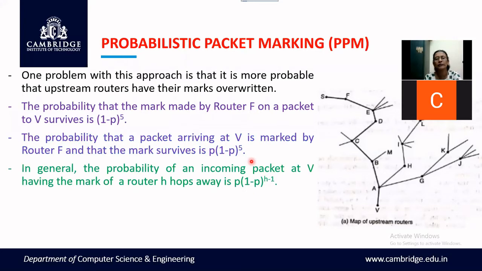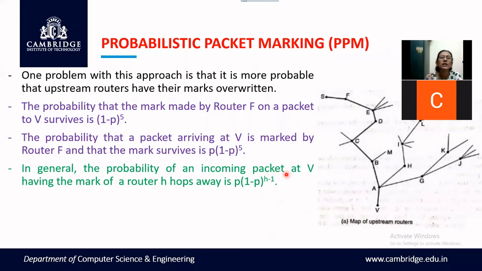In general, the probability of an incoming packet at V having the mark of a router H hops away is P into (1 minus P) to the power of H minus 1. Like F is 1, 2, 3, 4, 5, 6 hops away, and so you get P into (1 minus P) whole to the power of 5. So in general, if your router is H hops away, the probability would be P into (1 minus P) whole to the power of H minus 1.